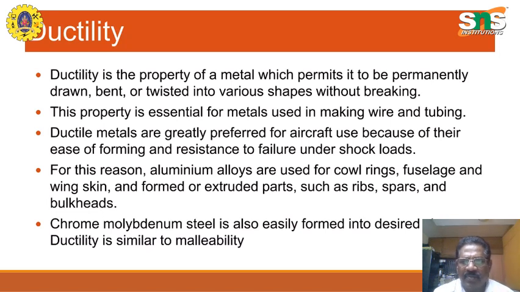For this reason, aluminum alloys are used for the cowlings, fuselage, and wing skin, and formed or extruded parts such as ribs, spars, and bulkheads. Chrome molybdenum steel is also easily formed into the desired shape. Ductility is very similar to malleability, in the sense that ductility is more for making wires and malleability is more for making sheets.